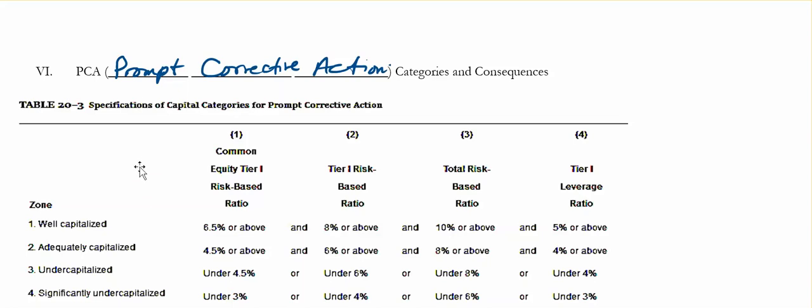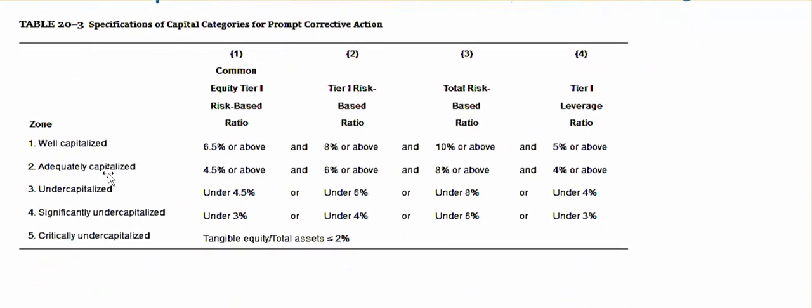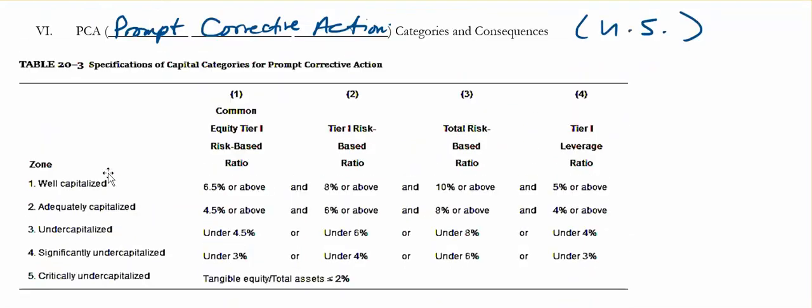Category, and this is all unique. This is a U.S. standard here. So what happens to a bank if they don't have sufficient capital adequacy? And we can see here that there are these different zones from well capitalized down to critically undercapitalized, and there are these essentially arbitrary cutoffs that establish whether a bank is well capitalized or not.